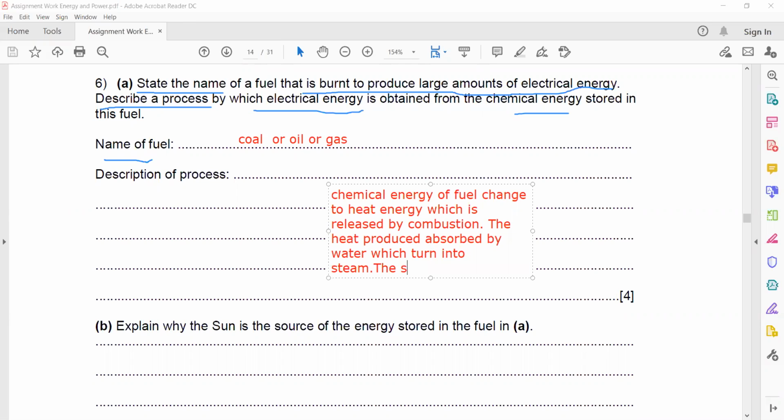The steam rotates the turbine, which drives the generator to produce electricity.